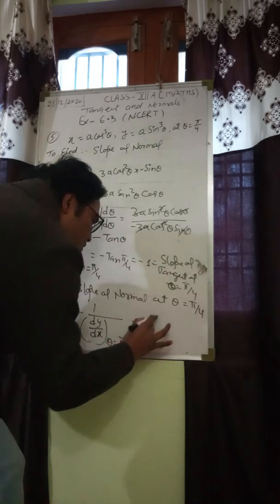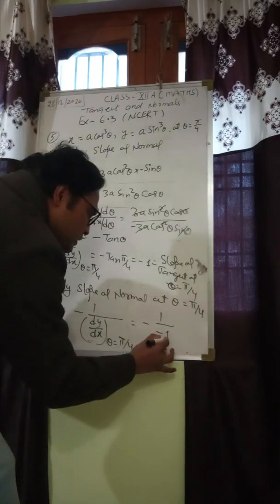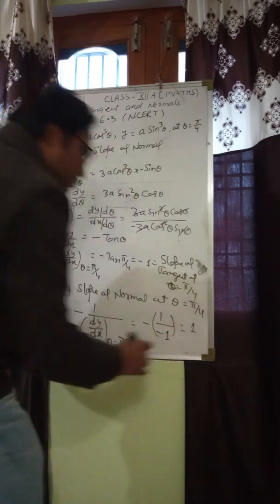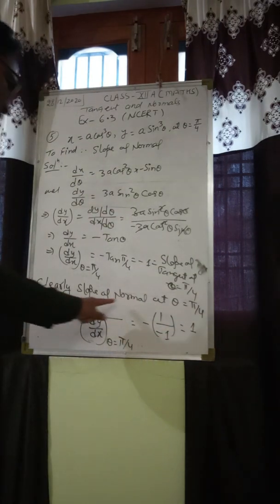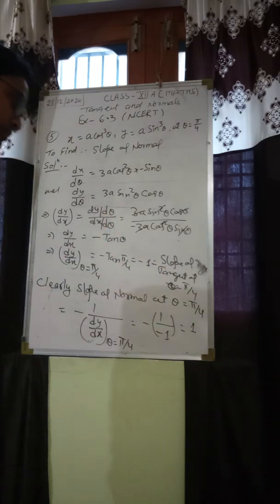That is minus 1 upon minus 1, which will be equal to 1. So slope of normal is 1 and slope of tangent is minus 1.